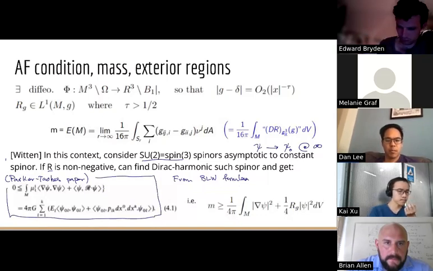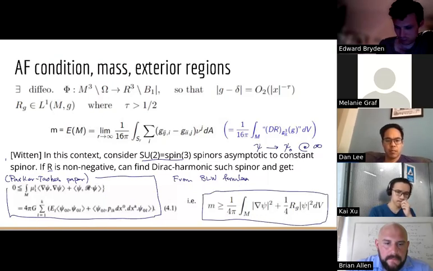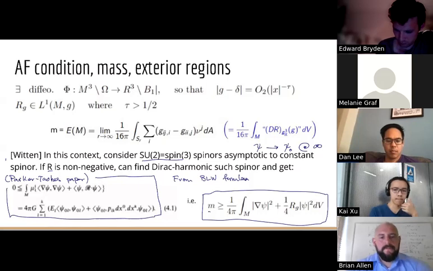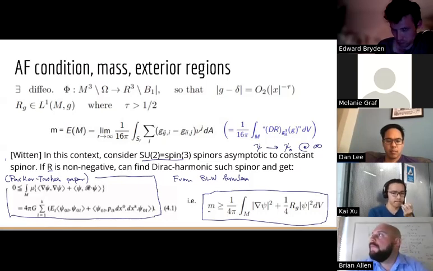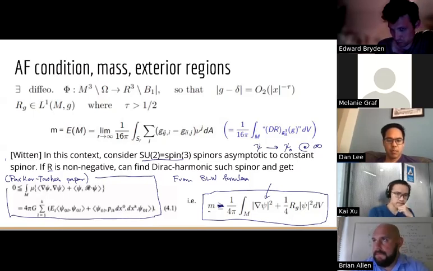It gives this expression, which, in the terminology we'll be using today, looks like this: the mass of the asymptotically flat Riemannian 3-manifold can be bounded from below by this integral, where this psi is the Dirac harmonic asymptotically constant spinor. And it's actually equal. I shouldn't have put an inequality here. It's equal.